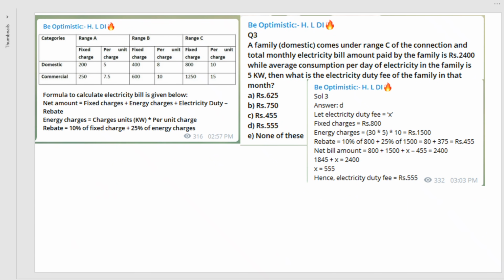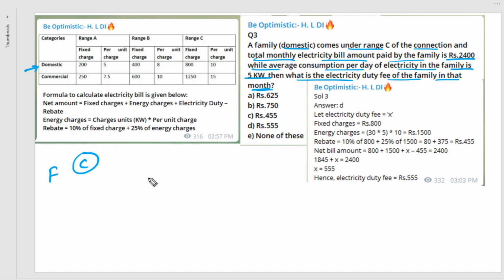Question number 3. Question number 3 says that a family, that is domestic, comes under range C of the connection. So there is a family, it comes under range C, and this is obviously domestic. And the total monthly electricity bill amount paid by the family is this, while the average consumption per day of electricity of the family is 5 kilowatt. What is the electricity duty fee of the family in that month?